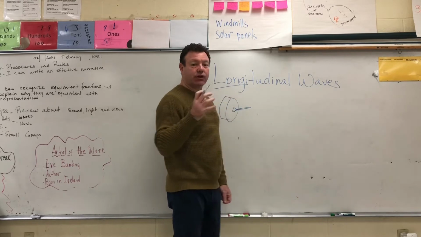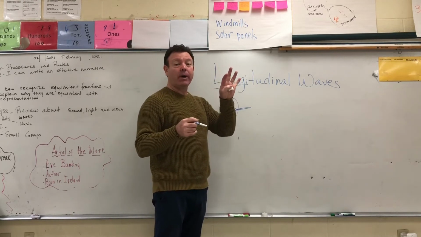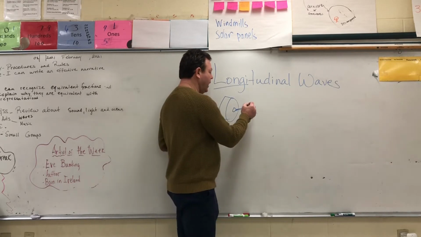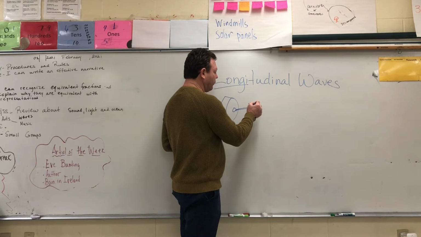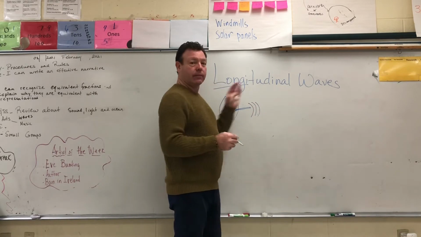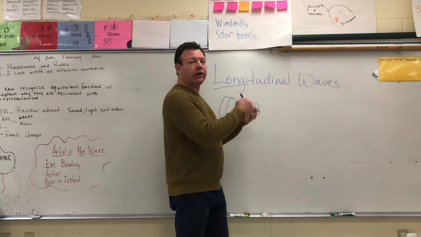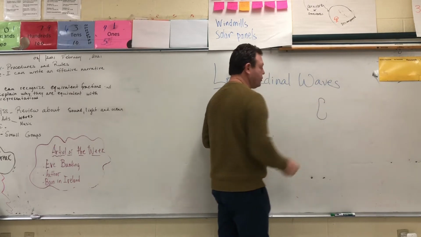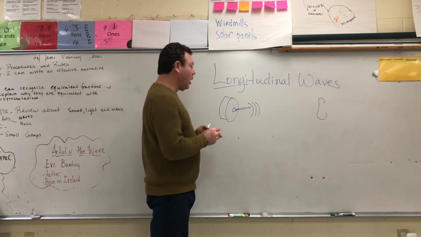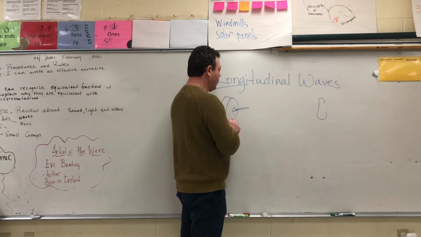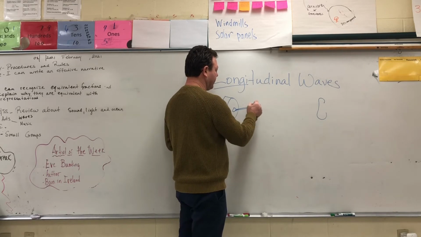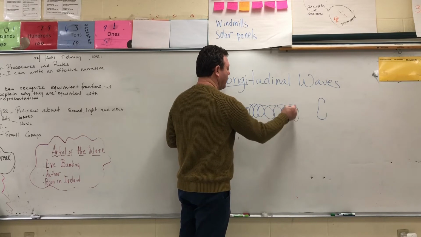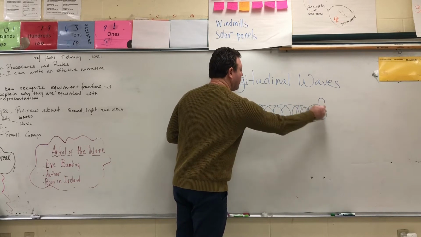So, there is a disturbance in the air, because remember that sound needs a medium, in this case air, and the particles are disturbed, and these particles disturb the other particles, and those particles disturb the other particles until it gets to the ear. The way that they would look, it would be something like this, and then longer over here, and then again straight over here, and then longer like that.